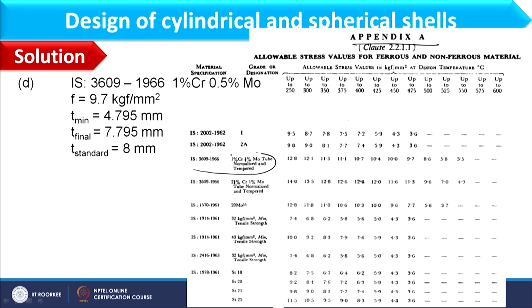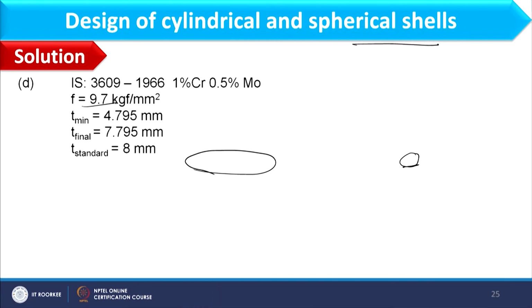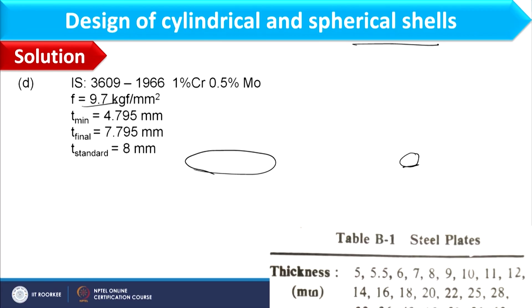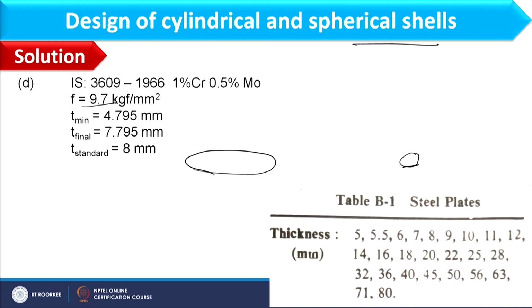So, here you can find this material, and corresponding to 475 we have F value as 9.7. So, considering this, we can compute the thickness for the material, and it is coming as 8, because 7.795 is the thickness after adding corrosion allowance, and the next value to this is 8 mm.